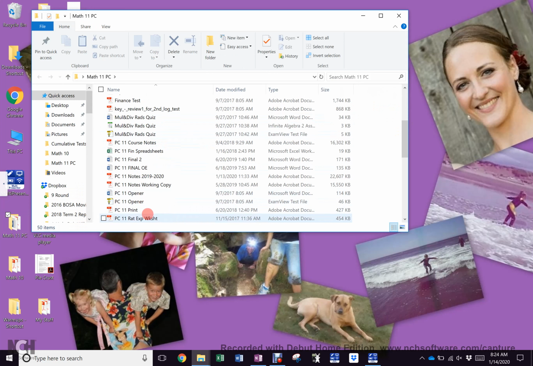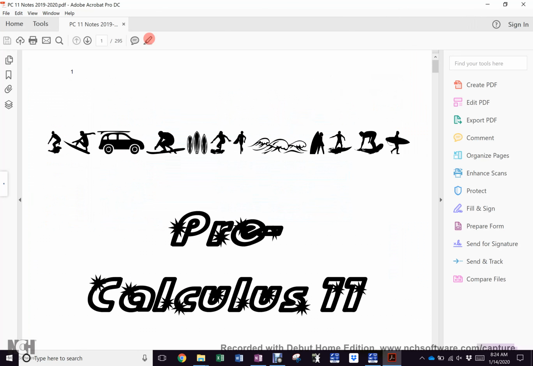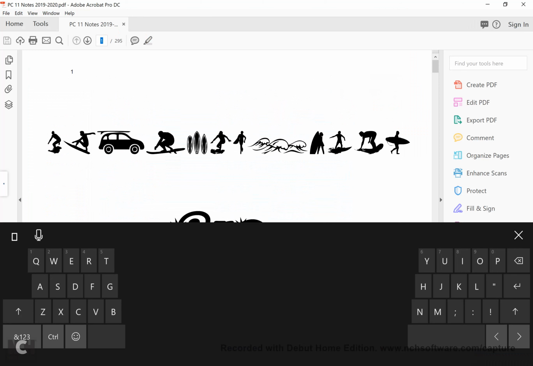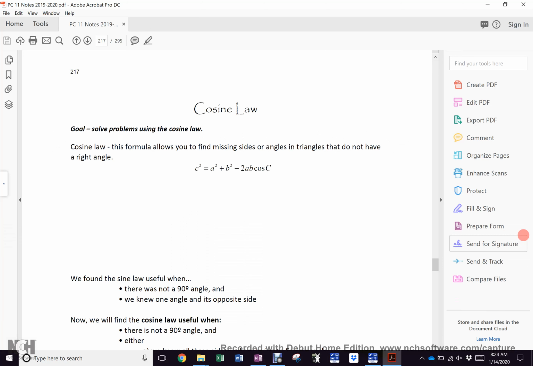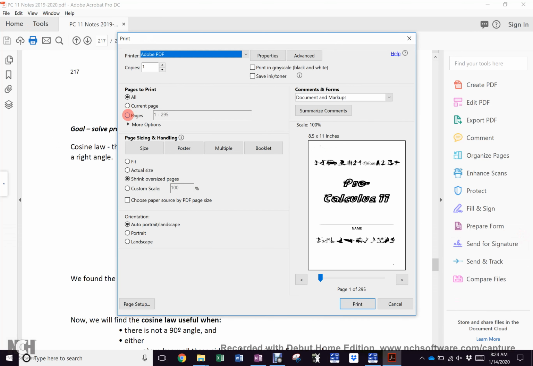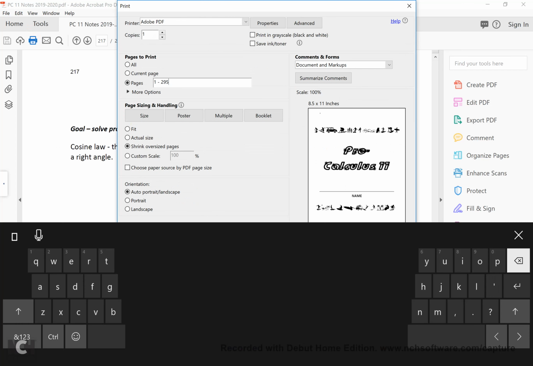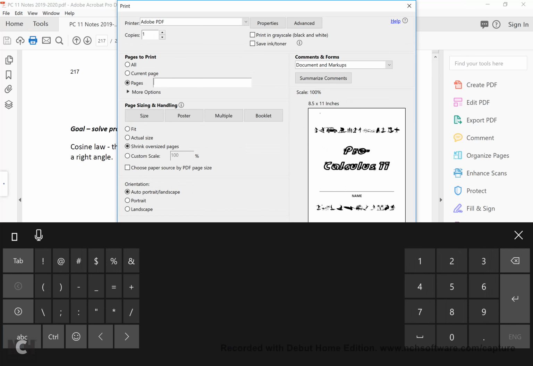I think the pages are going to be messed up right now, but I'm not 100% sure. What page is cosine law for you people? 15? Yeah. We did a thorough scan of this book.